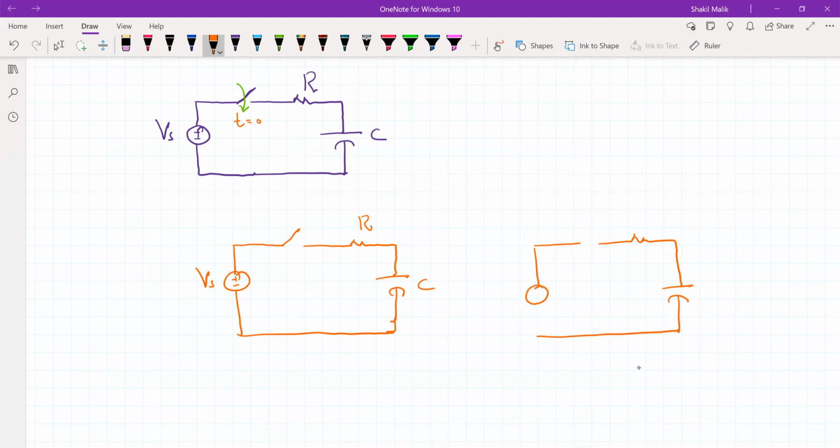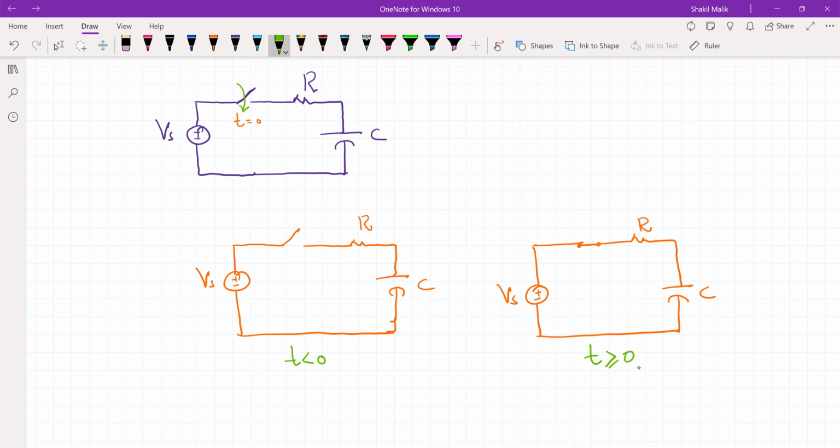So now this source is connected to this RC network. This circuit is valid for t less than 0, and this circuit is valid for t greater than or equal to 0.